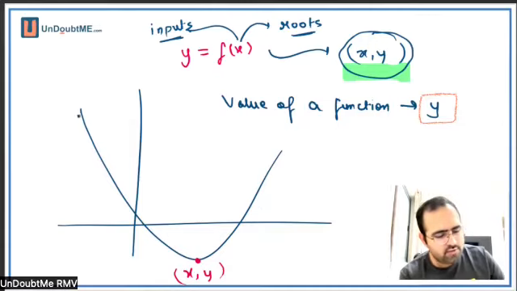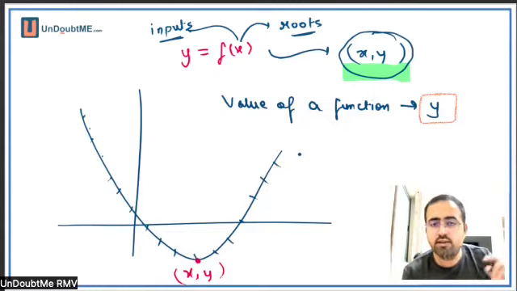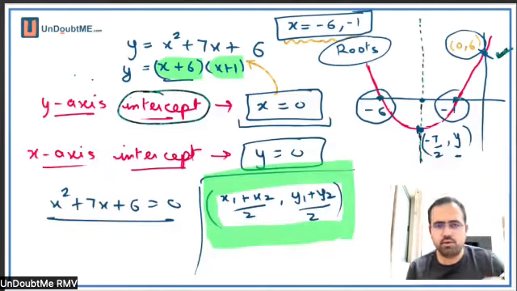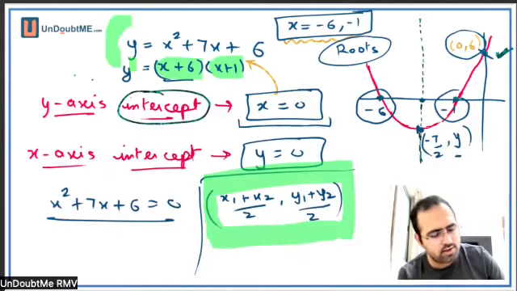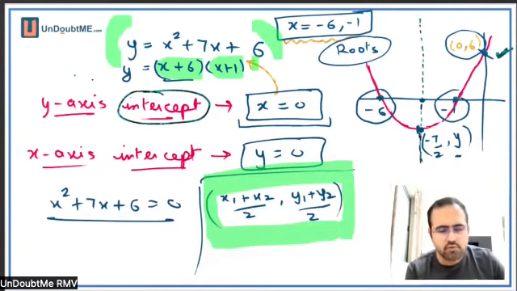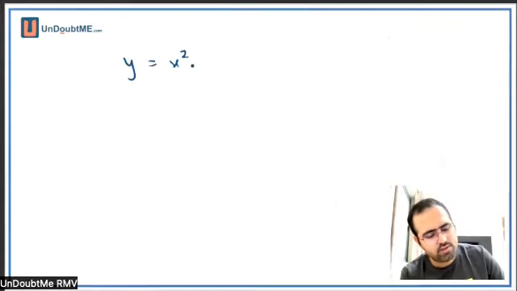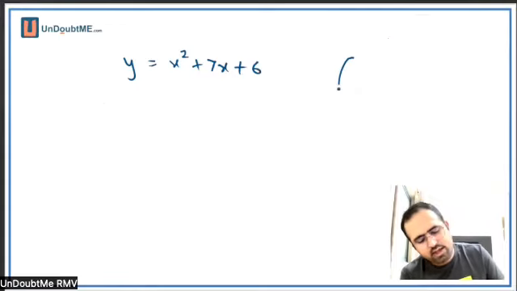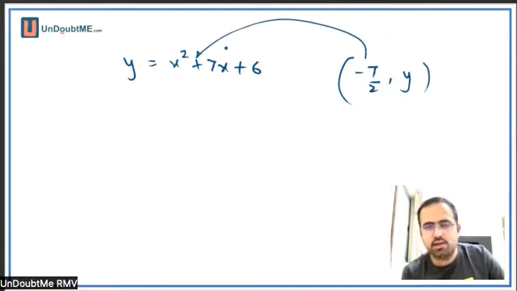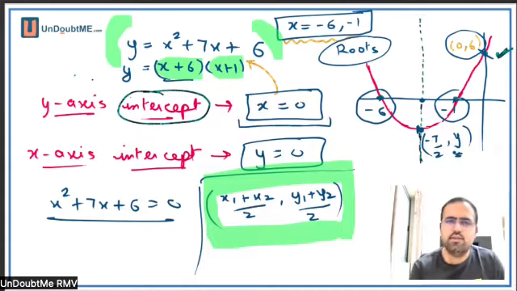Every point on this graph is nothing but an x comma y coordinate, and every point on this graph will satisfy the equation of the quadratic which they have given. It means if you put -7 by 2 in this function, y is equal to x square plus 7x plus 6, you will get the y value, and that will be my answer.